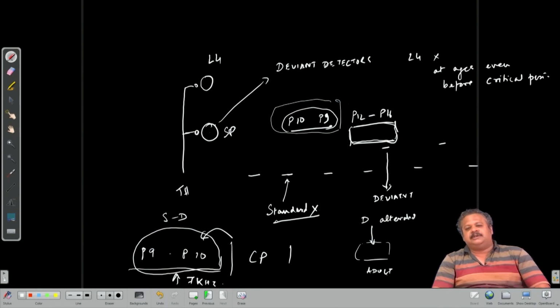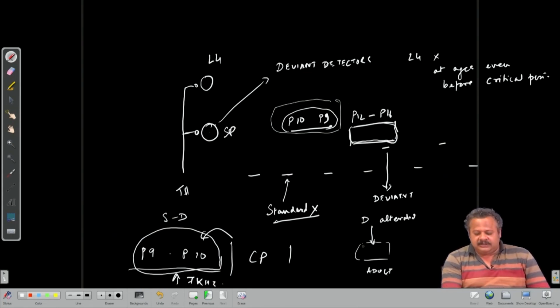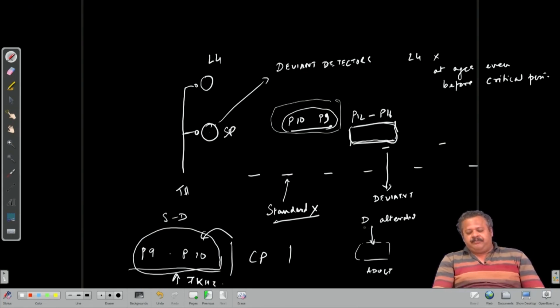That is, the responses to the deviant sound are increased in the adult compared to a typically developing animal which is not exposed to any different protocol during its development. So, if the deviant is 7 kilohertz, then there is a strengthening of the synapses that drive 7 kilohertz in the layer 4 region.